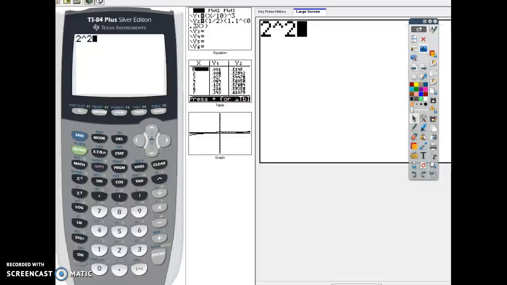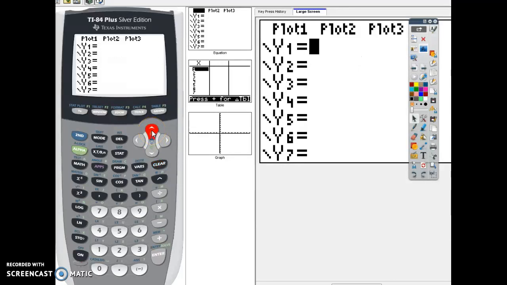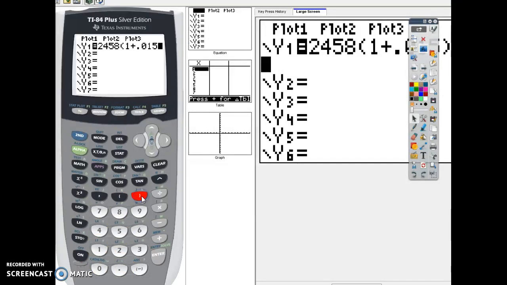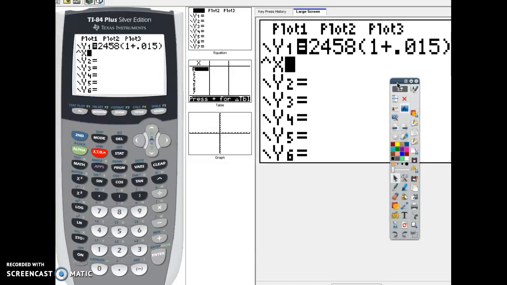So let's put it in the calculator. Y equals 2,450 parentheses 1 plus 0.015 to the power of x. To the power of x. Okay, if you need to pause at any time because I'm going too fast, go ahead and pause.